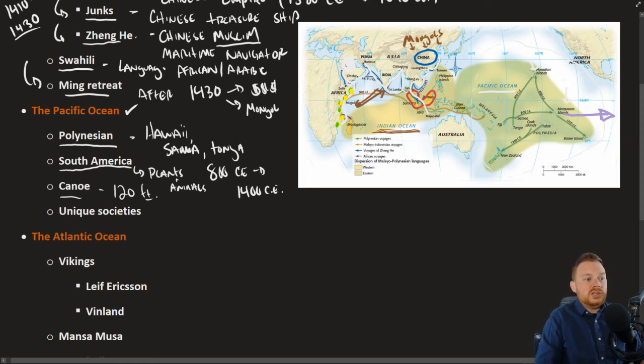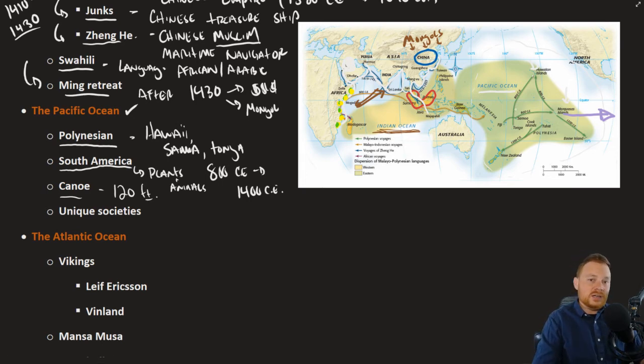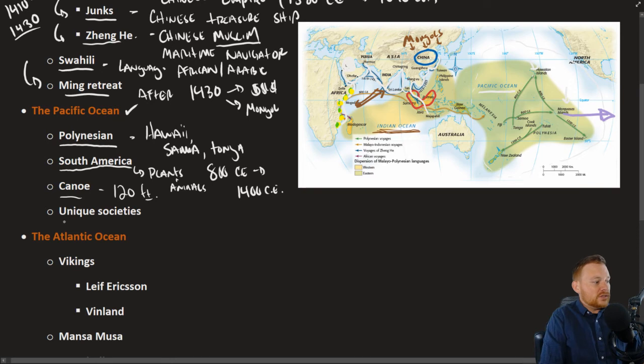So even though the people inhabiting Hawaii, New Zealand, Tahiti, Samoa, Fiji fall under this umbrella of Polynesian culture, there are also very distinct cultures and distinct languages depending on which of the islands is being focused on. And this gives rise to the various unique societies there.